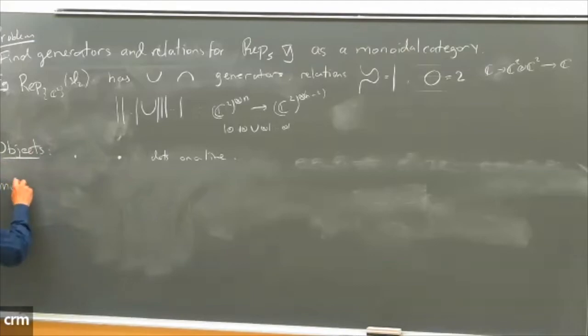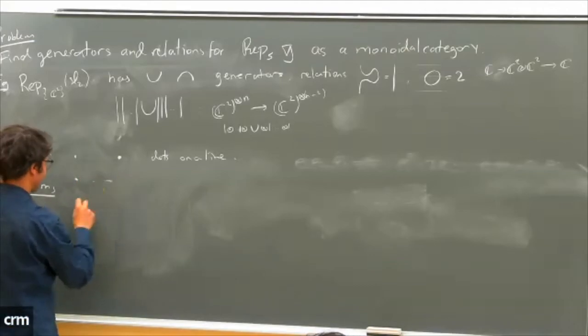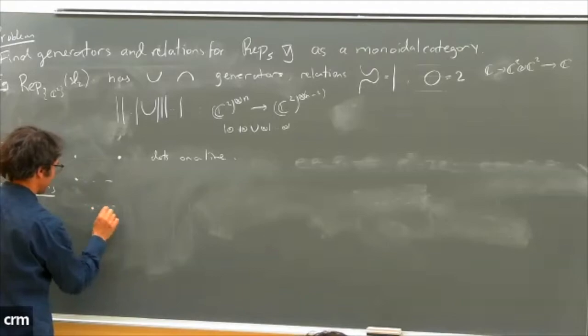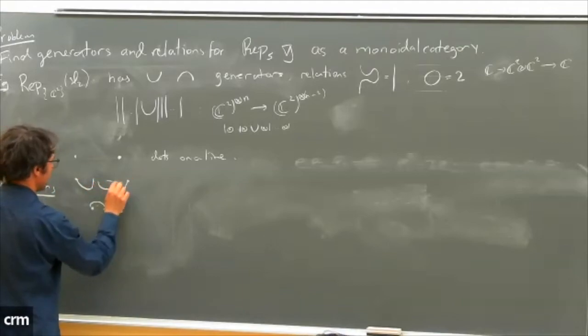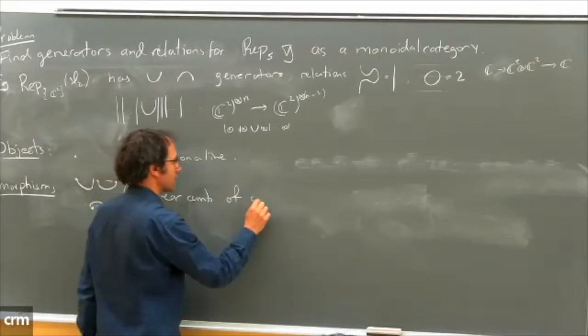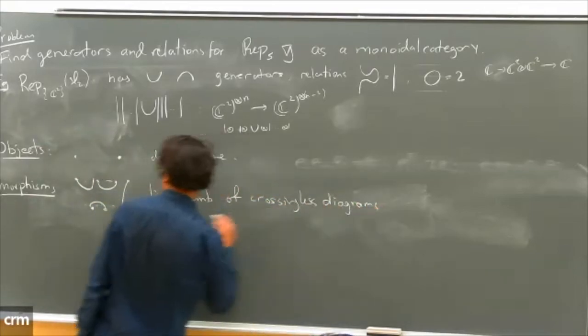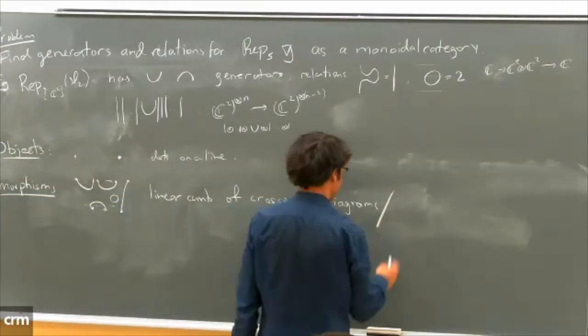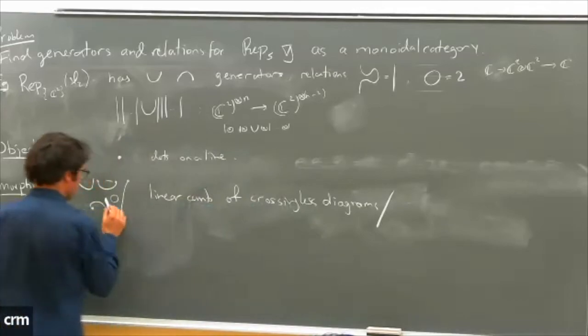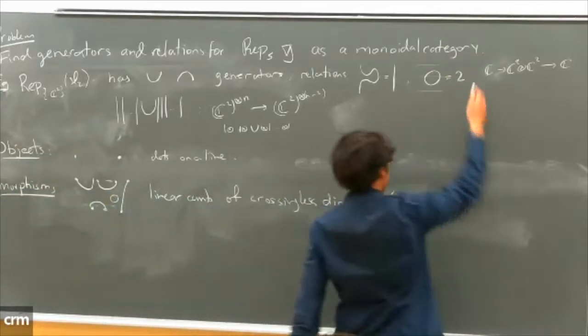And the morphisms are kind of like these template diagrams, but now it could be different numbers of dots. So linear combinations of these diagrams. And maybe you could say the diagram's allowed to have a circle in it, but modulo the relation that anytime you have a circle, it becomes twice the identity.